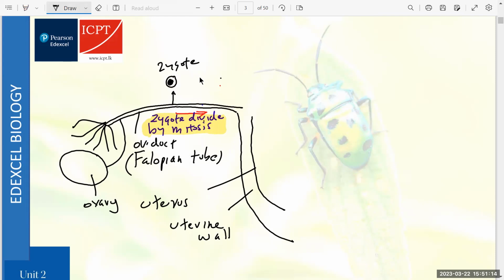So we can find maybe two cells like this, and then after that it divides to make four cells. And then it divides to make eight cells: 1, 2, 3, 4, 5, 6, 7, 8.